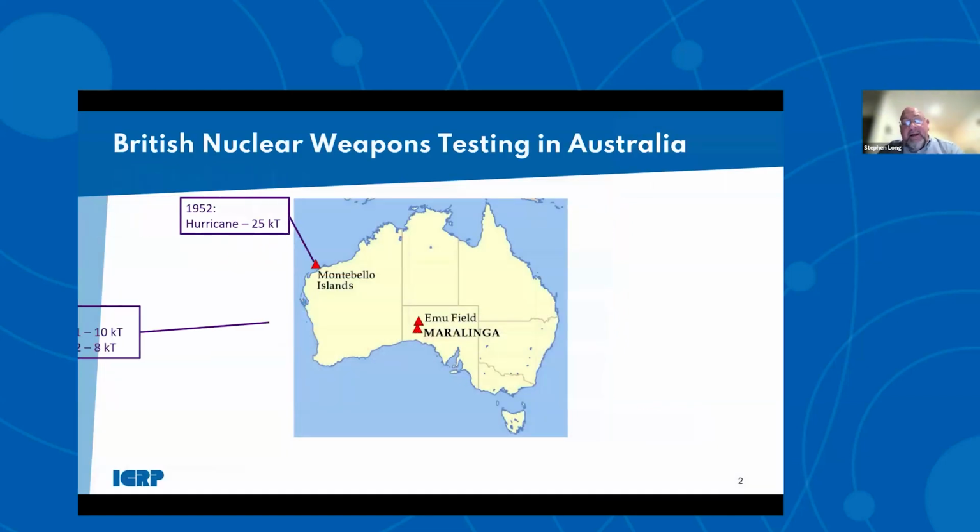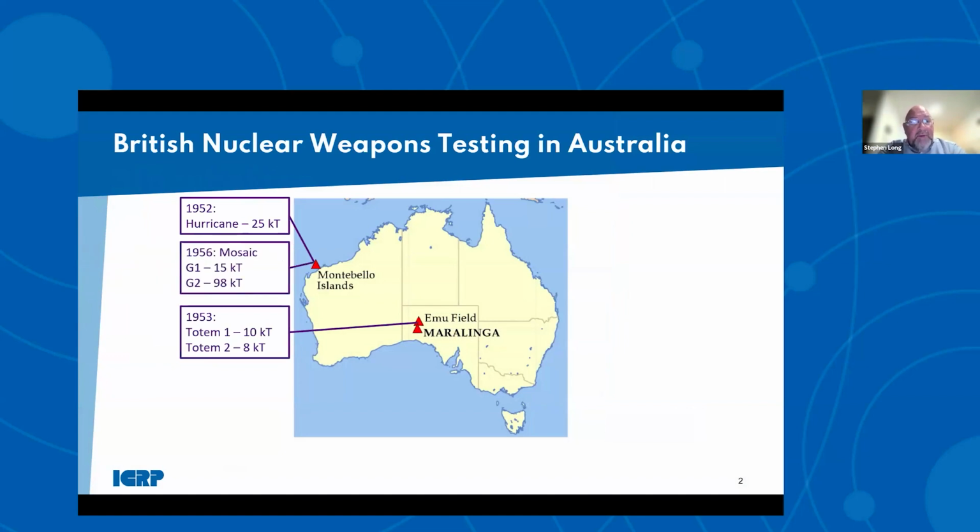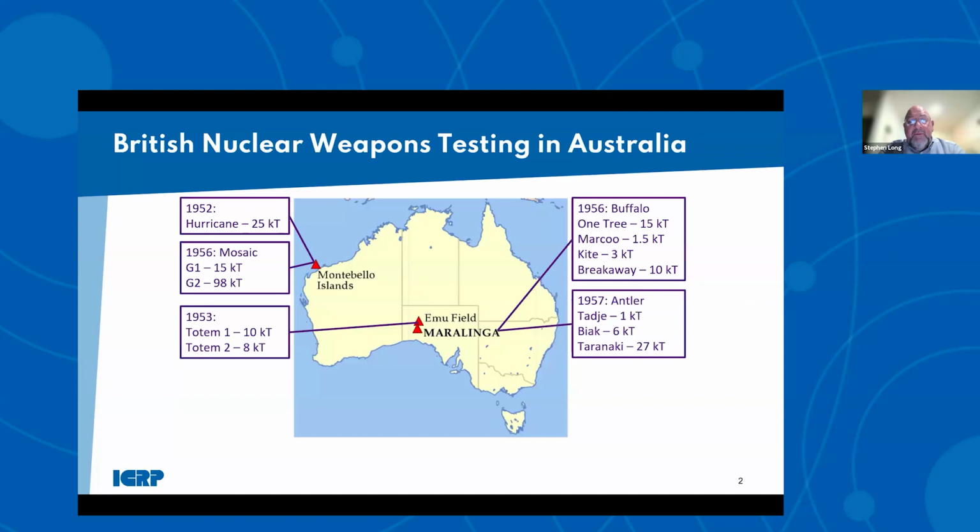The British government detonated 12 nuclear weapons on Australian territory in the 1950s, beginning in 1952 with the proof of concept detonation in the Montebello Islands, northwest of Australia. They then detonated 2 actual deliverable weapons at Emu Field in 1953, went back to the Montebello Islands in 1956 to test another 2 weapons, which were about development of new fuels for megaton weapons.